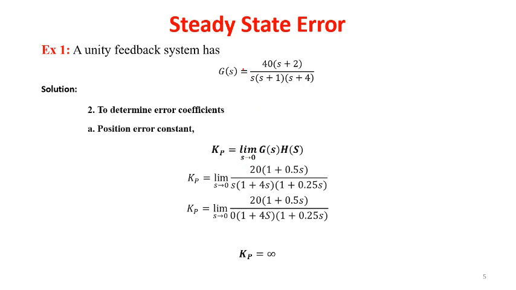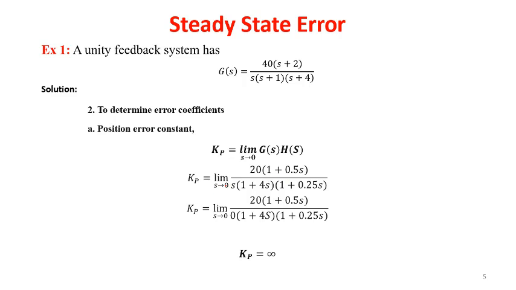From the given problem, G of S, H of S, which we have already found, is 20 times (1 plus 0.5 S) whole divided by S (1 plus S)(1 plus 0.25 S).